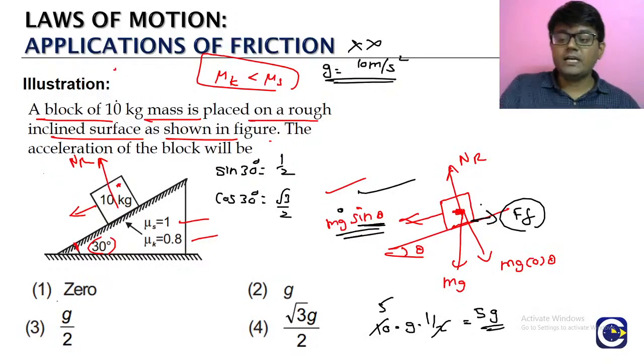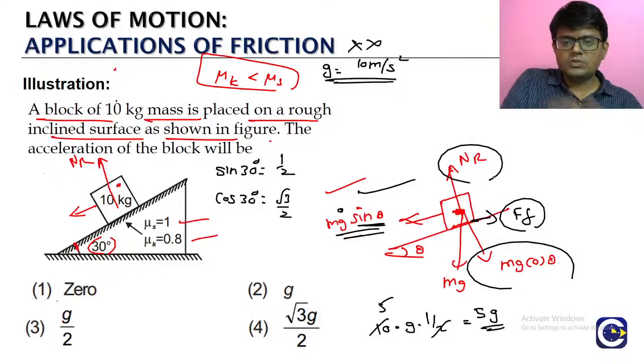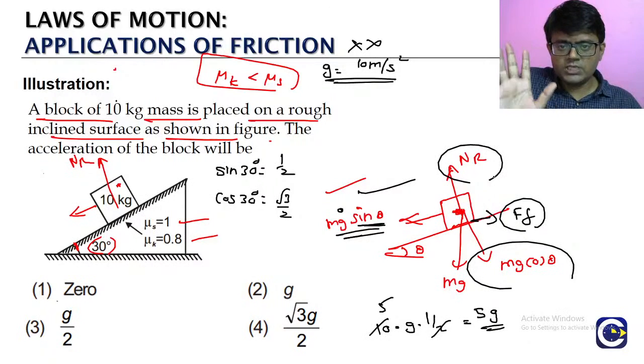Now friction will be acting up the plane. Here first we need to conclude whether there will be a motion or not. How do we conclude that? If the force along the plane is more than the limiting value of static friction, then there will be motion. Otherwise there will be no motion. The motion is anyway going to happen along the plane, so perpendicular to the plane there is no motion, meaning there is a force balance.